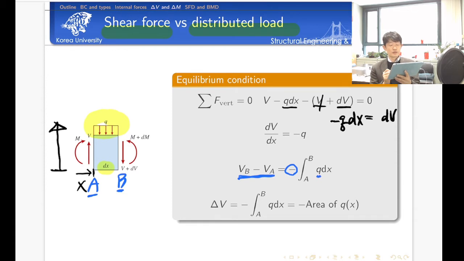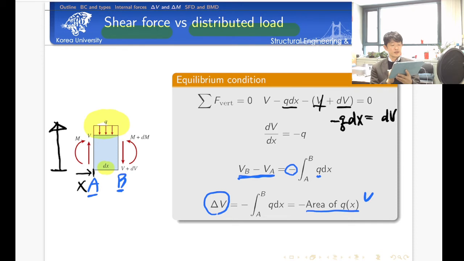Is it clear, right? Simply speaking, the change of internal shear force between these two points is nothing but the integration of the minus of the distributed load in that distance from A to B. And easily speaking, this is nothing but the area of the distributed load q. This is a more intuitive way to understand this equation.